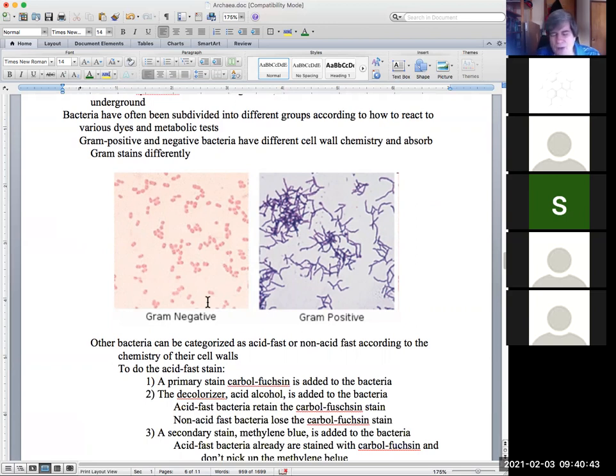Now, I'm not sure biologists realized this when they first started studying bacteria and put gram-positive and gram-negative bacteria into different categories. But the very outer part of the cell is the cell wall and maybe the capsule. And whether bacteria are gram-positive or gram-negative really reflects the structure of their cell wall.